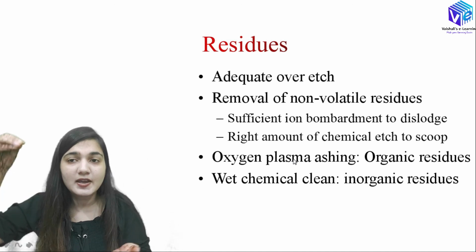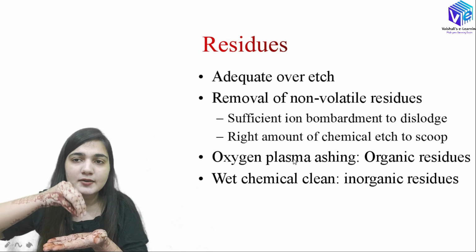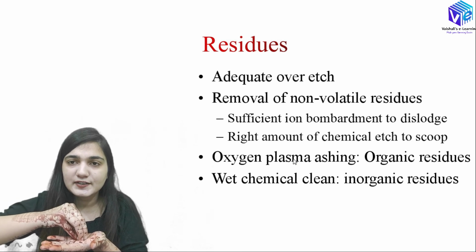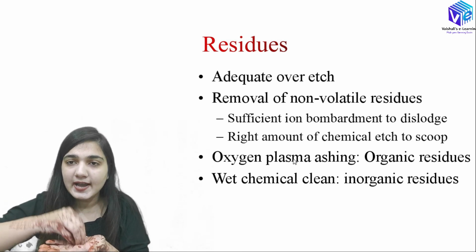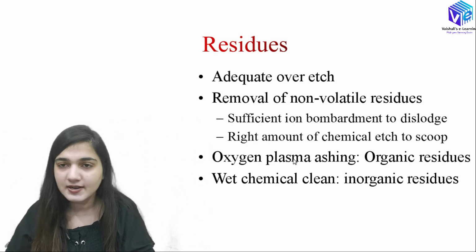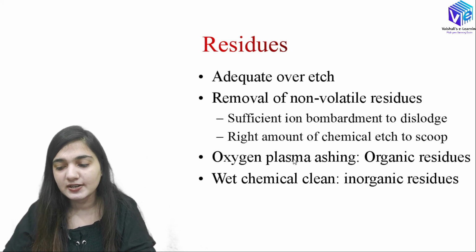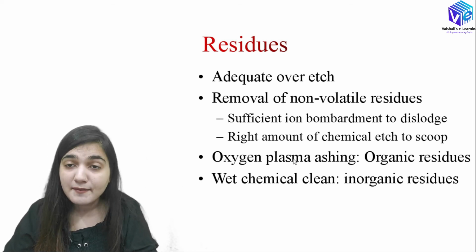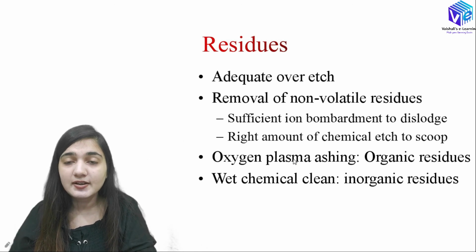So first of all, I will be bombarding the substrate which is containing the non-volatile residues with high speed ions. Then I will be using the chemicals to etch these residues. So then I am using the oxygen plasma etching. Here why I am using the oxygen plasma etching?